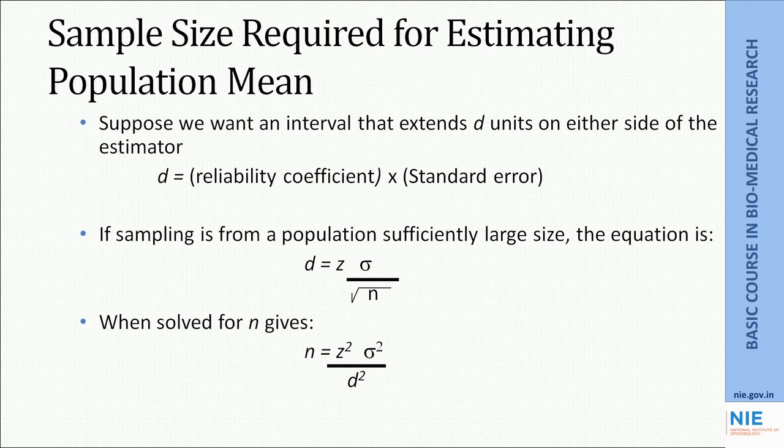The general idea of the computation of sample size is, a reliability coefficient times the standard error is called D, and through D we can estimate the sample size n. The formula given here is D equals Z into sigma by square root of n.